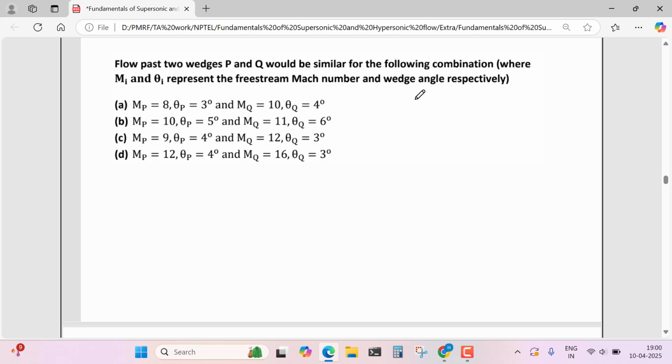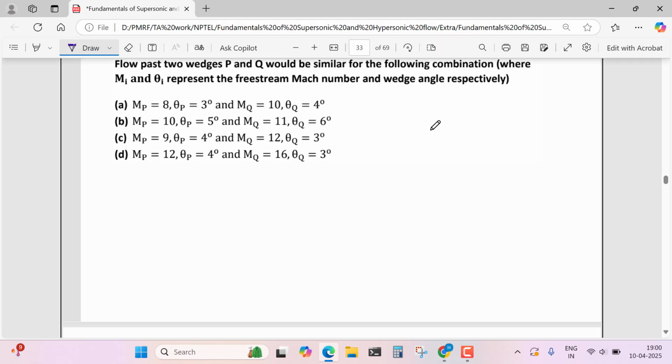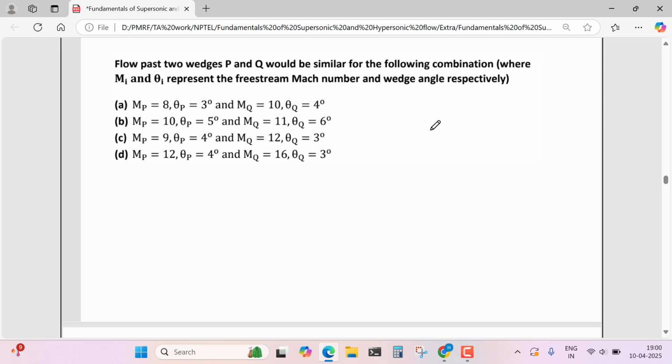Option B, M_p equal to 10, theta_p equal to 5 degree, and M_q equal to 11, and theta_q equal to 6 degree. Option C, M_p equal to 9, theta_p equal to 4 degree, and M_q equal to 12, and theta_q equal to 3 degree. Option D, M_p equal to 12, theta_p equal to 4 degree, and M_q equal to 16, and theta_q equal to 3 degree.